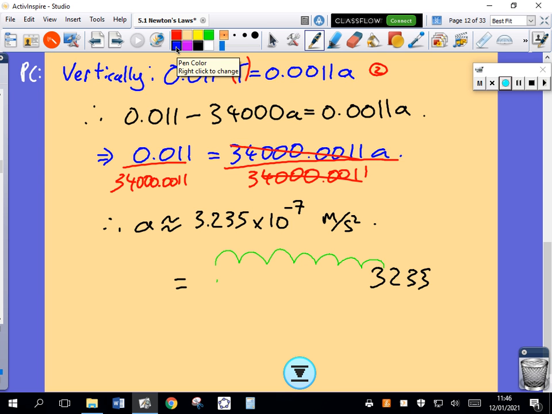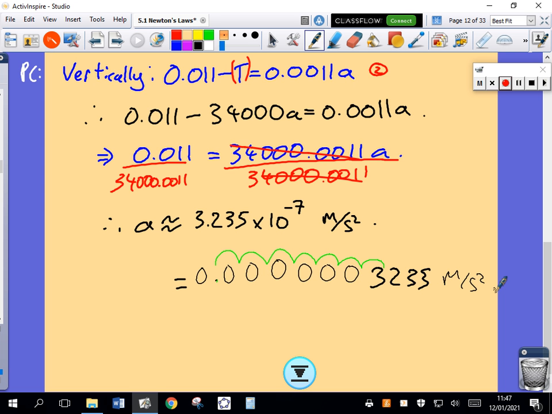So there's going to be my decimal, and it's 0.00000003235 meters per second squared. That's how fast this system will accelerate.